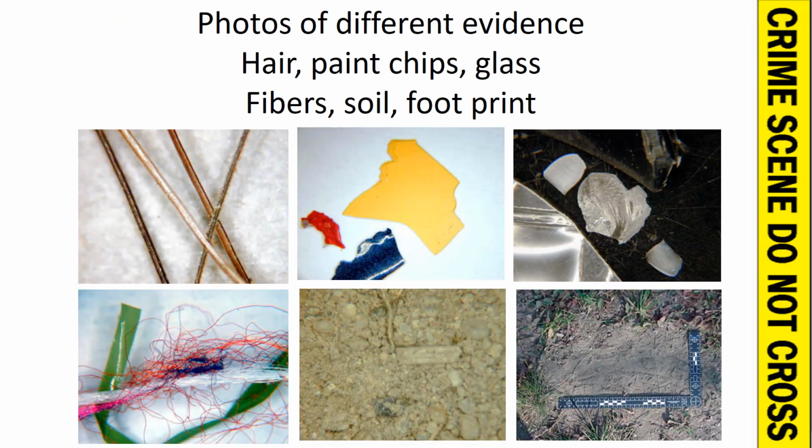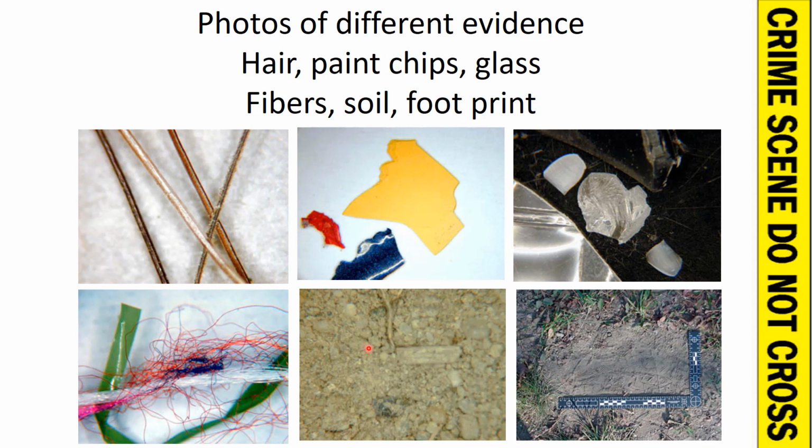Next up, we just have a couple pictures of some different types of evidence. What we've got over here is hair. These are microscopic hairs. We've got paint chips. We've got broken glass chips. Over here, we have some fibers. These are natural and synthetic, a combination.